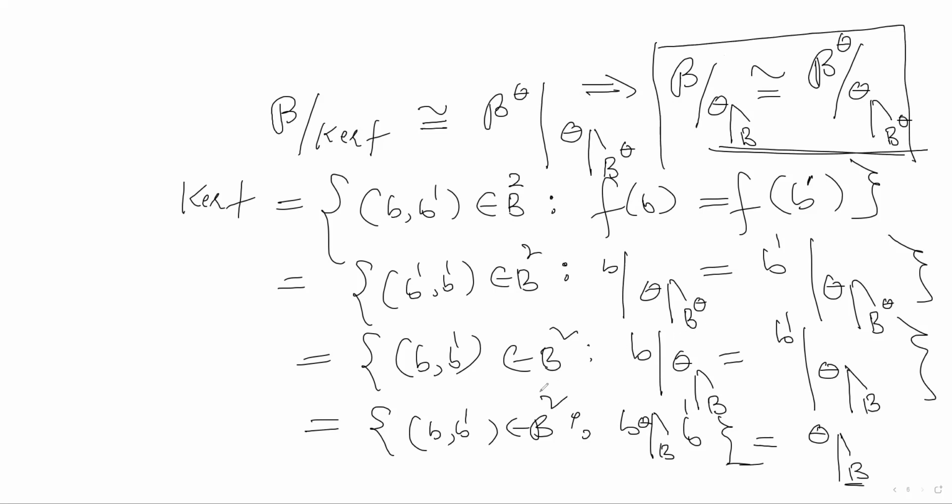Now let us see whether this theorem is in line with the well-known third isomorphism theorem for other algebras, for example groups or rings. In other words, can we deduce those theorems from this theorem? Yes, of course. Let us see how.